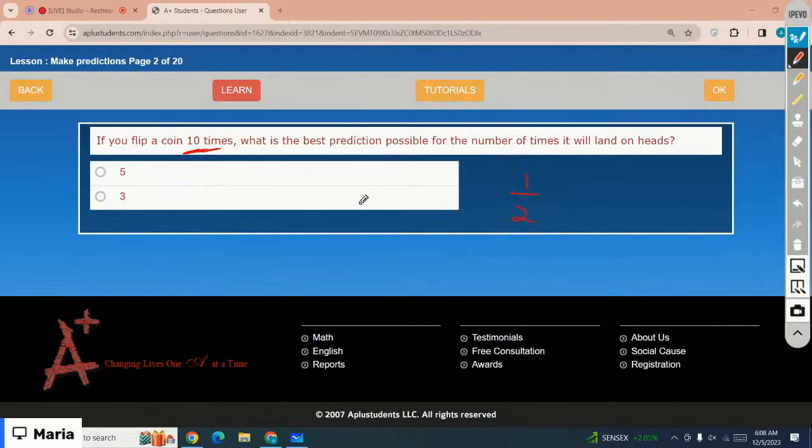You flip the coin 10 times, so you multiply by 10. It is 1 by 2 times 10, so 10 times 1 is 10 and 2 times 1 is 2. When you divide 10 by 2, the correct option is 5. So out of 10, 5 times it will land on head.